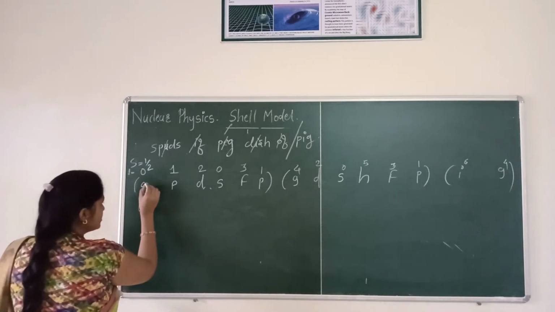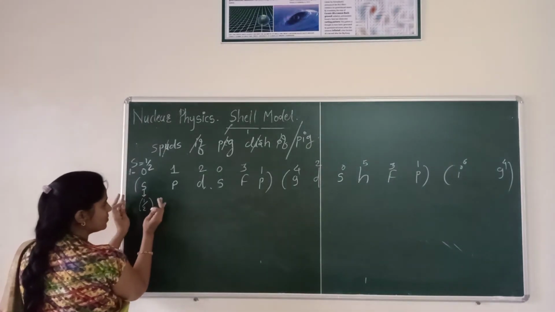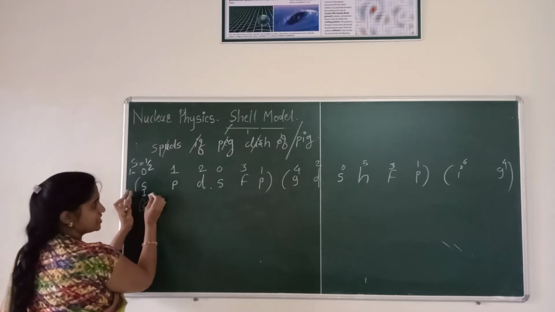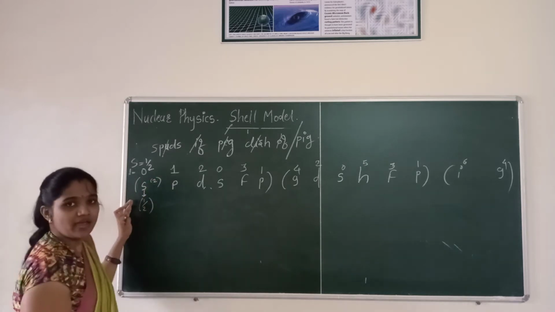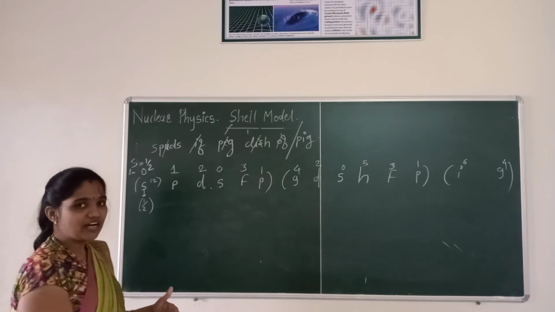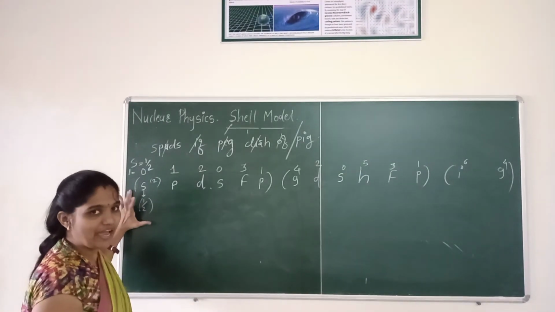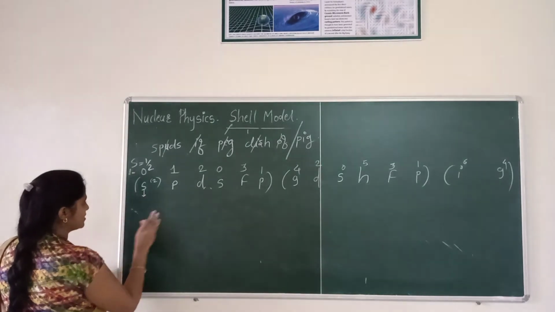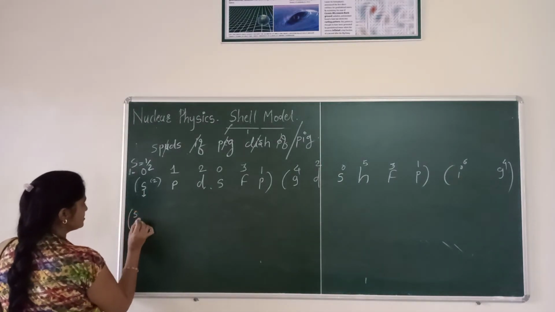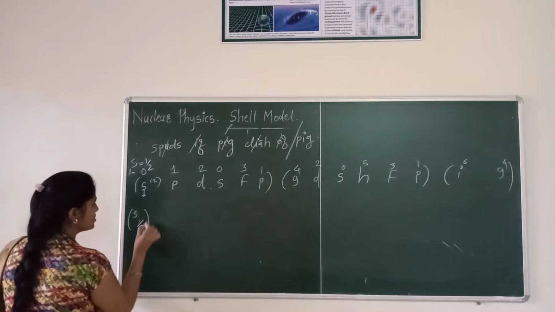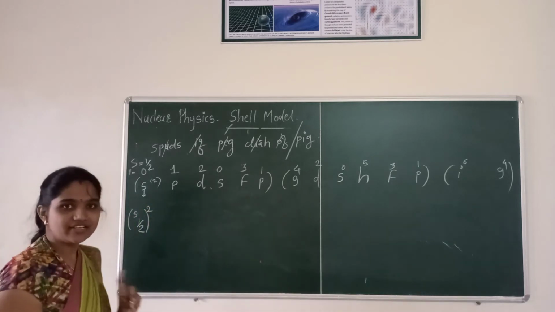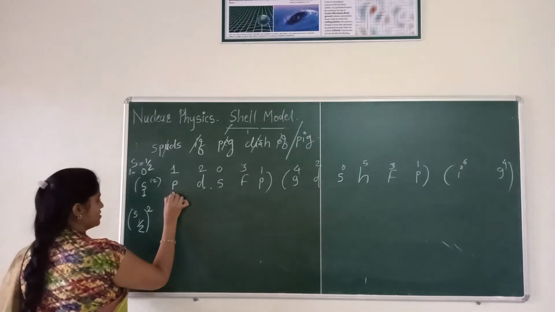It means the total occupancy of this state is 2. There may be upspin and downspin, so two nucleons can be occupied. That's why I am writing here S1/2, 2. Understand everyone?